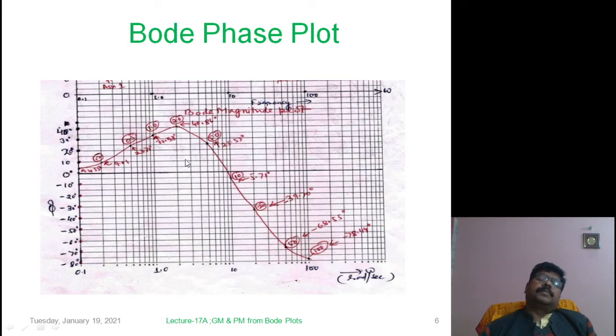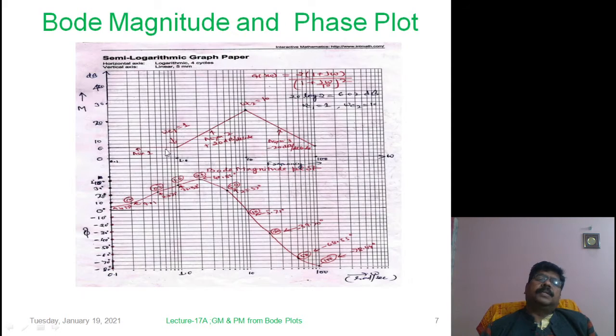Normally these plots are drawn one over another. You have to be careful while marking the frequency: the same point must be marked, either 100 radian per second, so the magnitude will be at the same point 100. This way one can draw both the magnitude and phase plot.